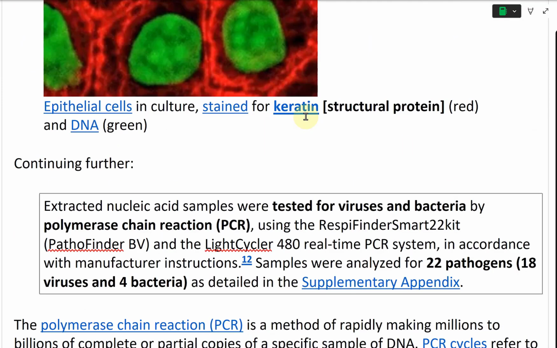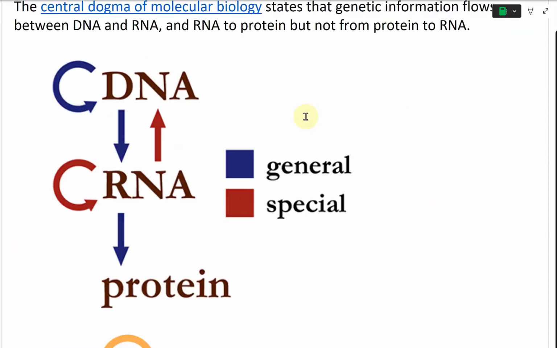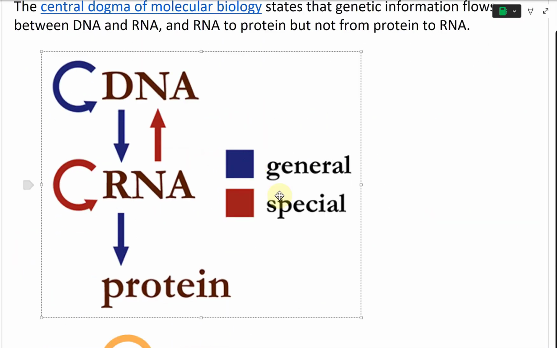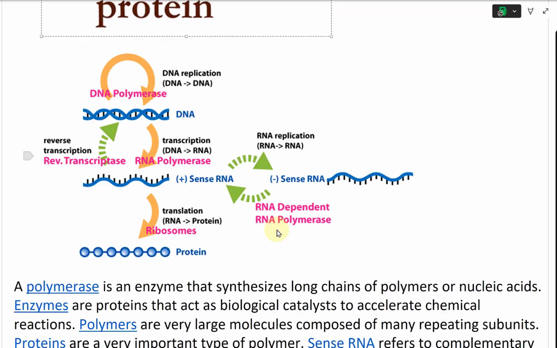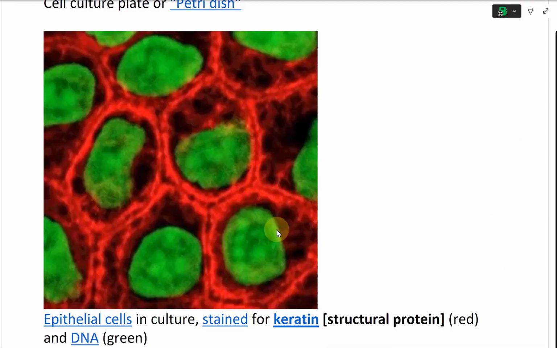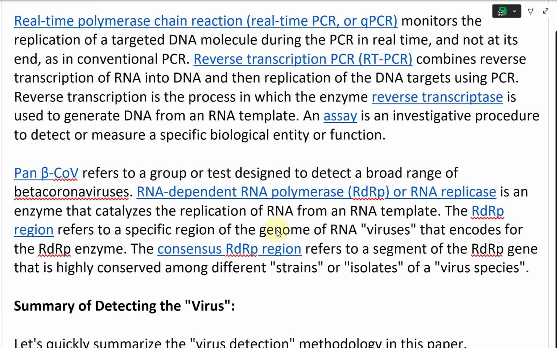I believe we saw that over here. So this is the central dogma of molecular biology, and this is the RNA-dependent RNA polymerase, RdRp. So you need that enzyme to go in replication, either go from here or going back, and so on. Different sense. All right, that's very fascinating stuff.